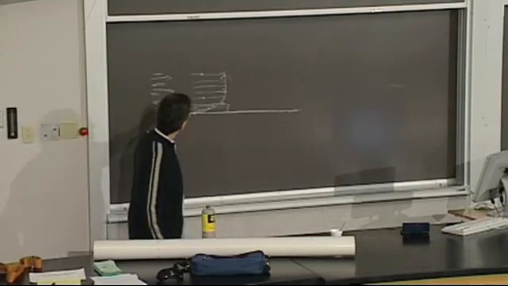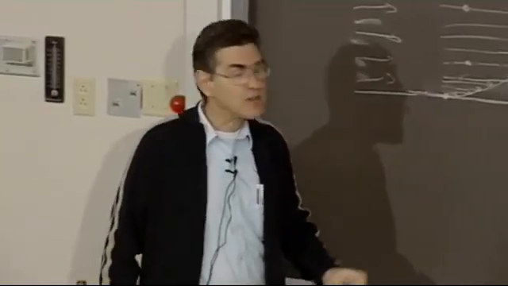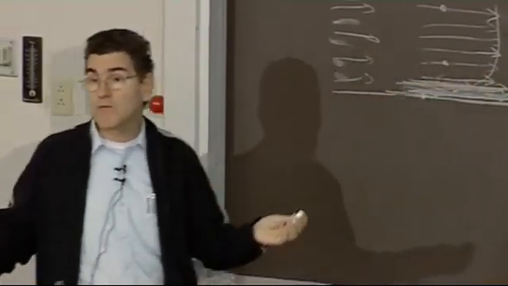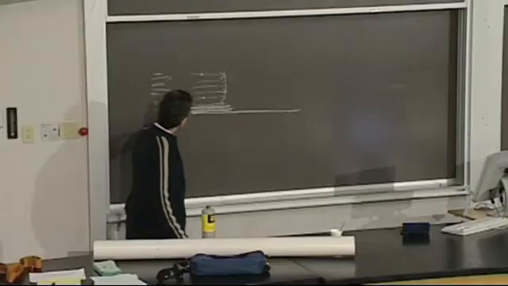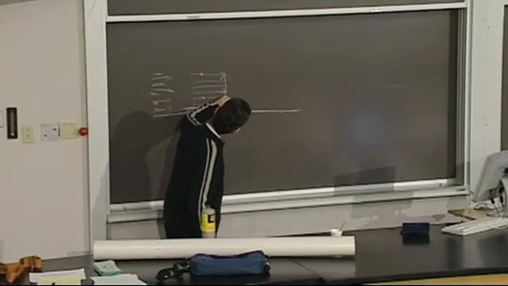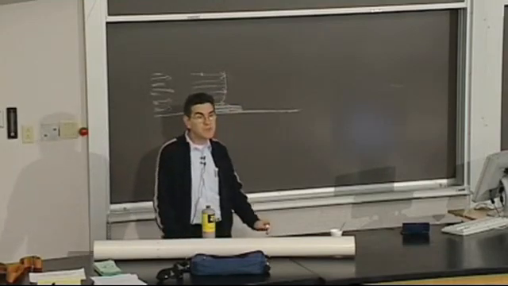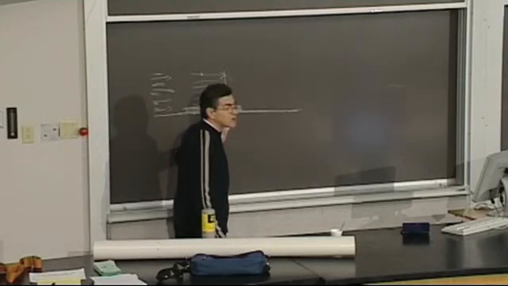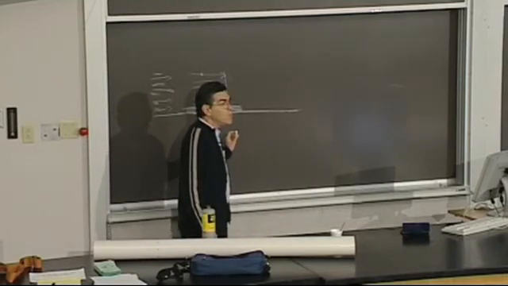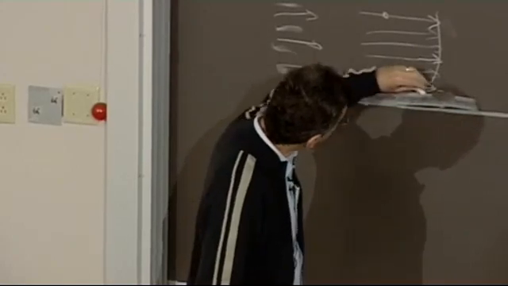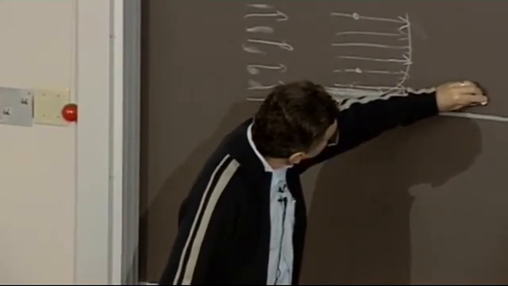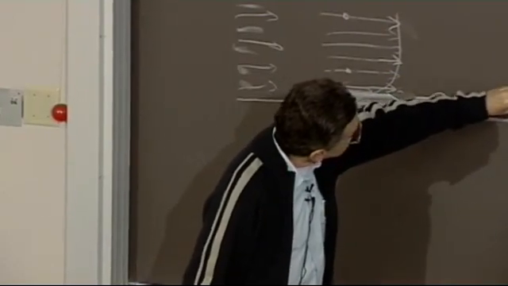Okay? Now, this boundary layer has a thickness, and it's very, very thin. Typically, it's maybe only a few millimeters or at most a centimeter. Okay? But as the water flows down the plate, something very interesting happens to the thickness of this boundary layer. What happens is that the boundary layer begins to develop waves. That is, the thickness of the boundary layer gets a little bit thinner here, a little bit thicker, and a little bit thinner, and a little bit thicker, and a little bit thinner, like this.